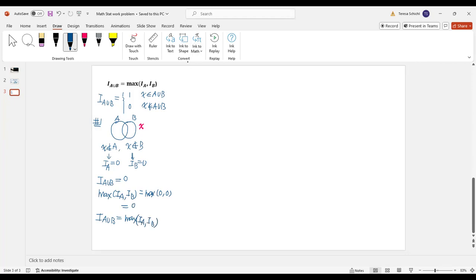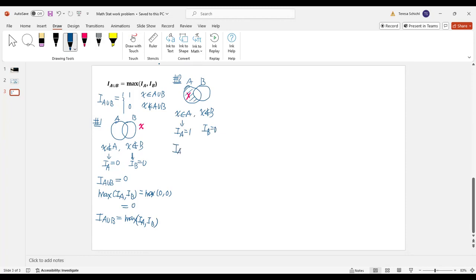Now let's take a look at situation number 2. Here this is A, B, and X is sitting here. For this situation, X belongs to A, but X does not belong to B. So IA equals 1 and IB equals 0.